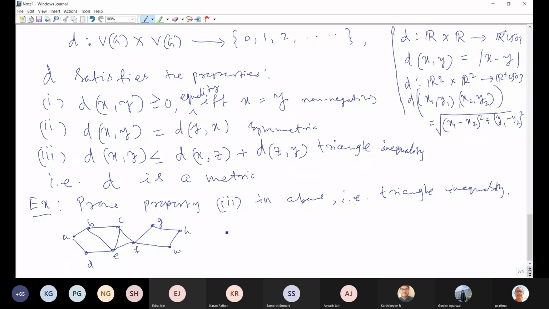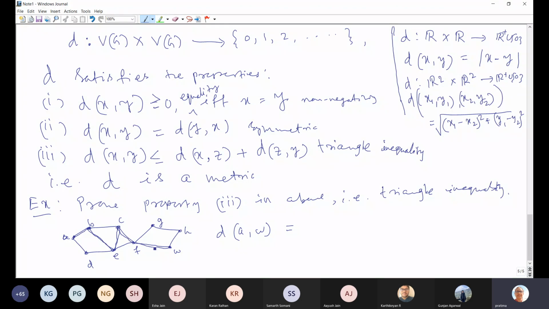Then you tell me the distance between A and W. There are several paths between A and W. Suppose I consider a path like this: A to B, B to E, and E to C. The length of this path is 1, 2, 3, 4, 5.